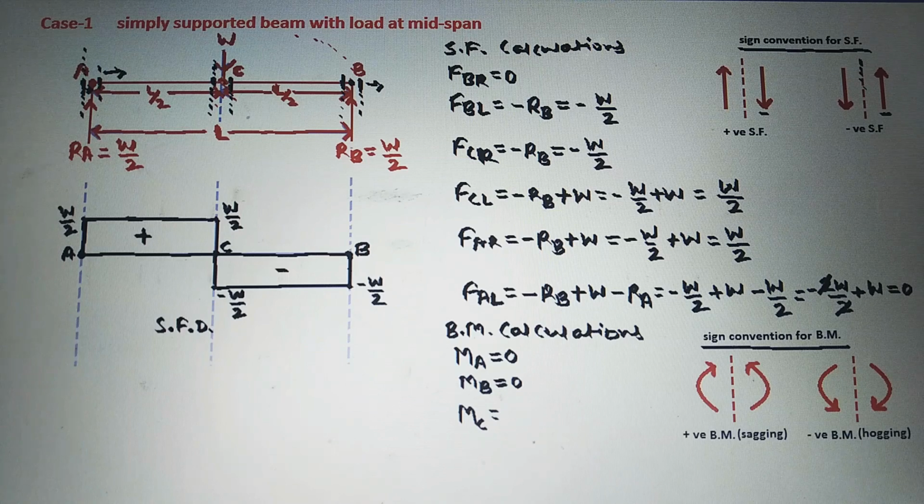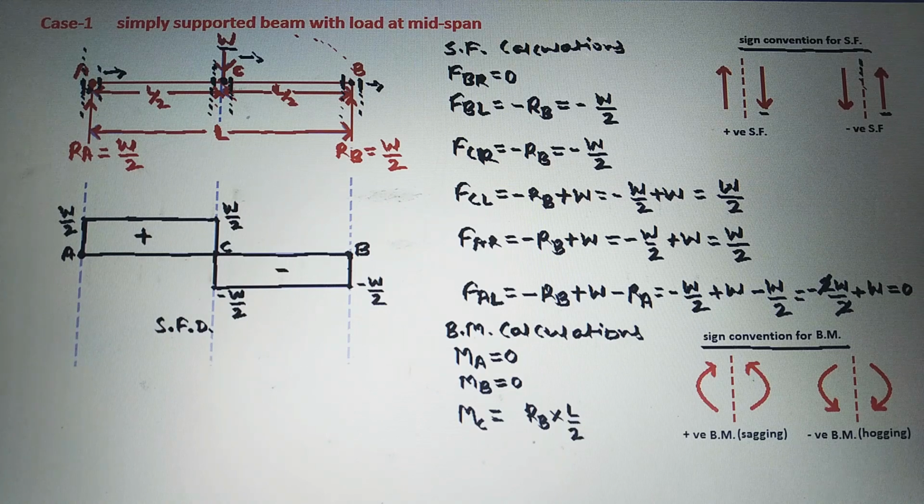Now see here, this is point C, and the moment of this load W with respect to point C will be equal to 0. Now on the right side of C there is only one load, that is RB. So the magnitude of the moment will be RB into L by 2.